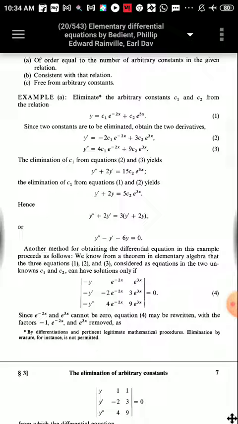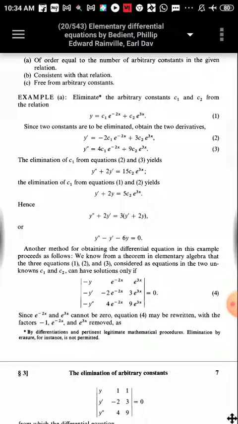The second column is e raised to the power minus 2x, minus 2 e raised to the power minus 2x, and 4 e raised to the power minus 2x. And the third column is e raised to the power 3x, 3 e raised to the power 3x, 9 e raised to the power 3x. The determinant is equal to 0.